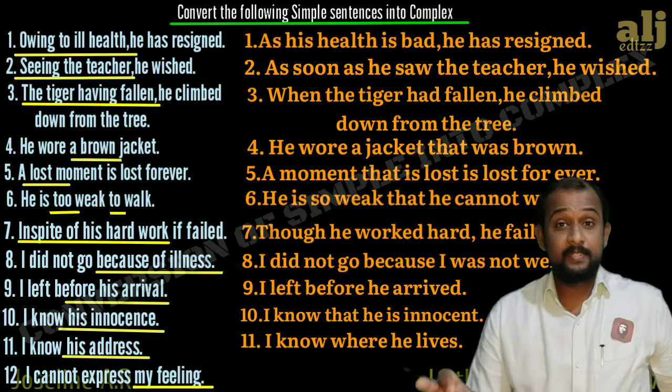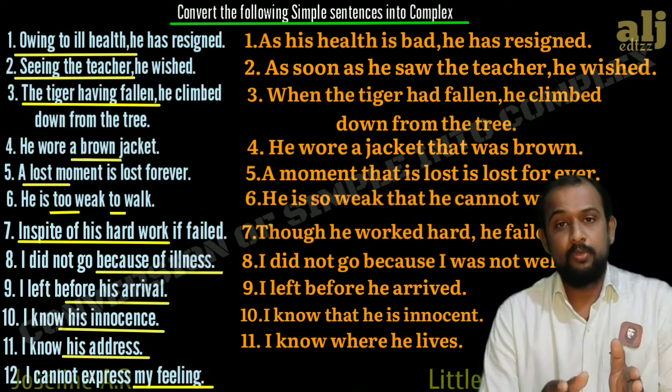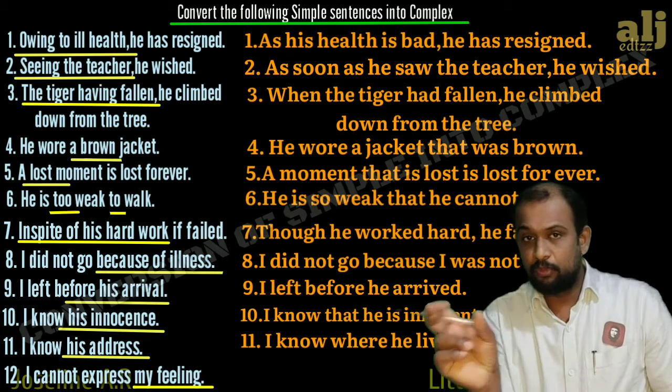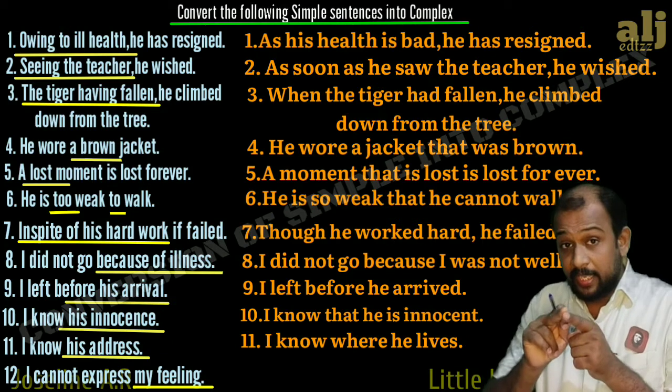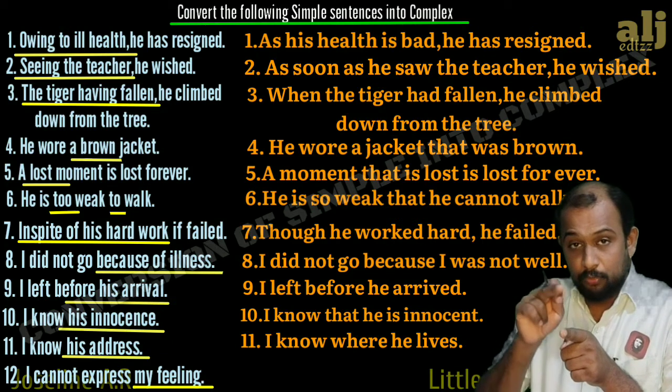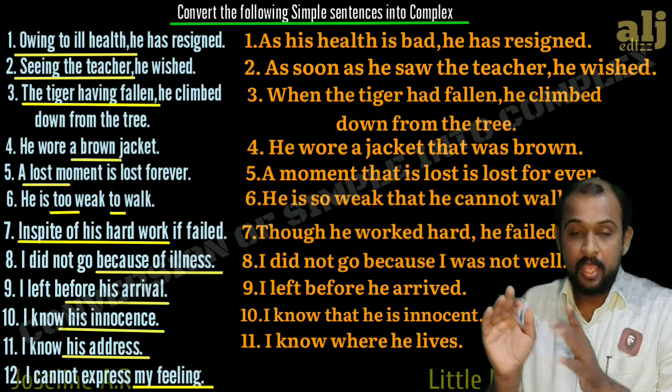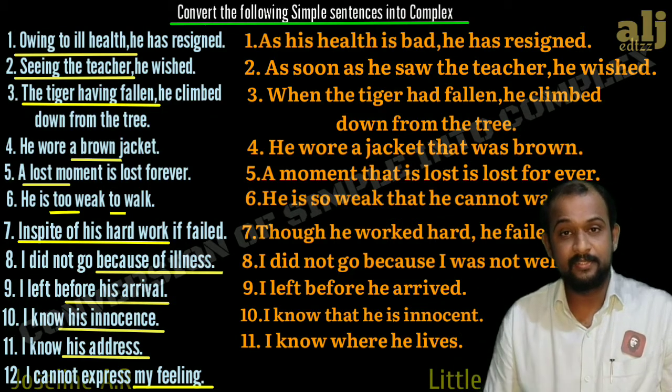I know his address becomes I know where he lives. I know is the main clause. Where he lives, you see, he lives, subject verb combination, so it is a clause. Where is a subordinator, so where he lives is the subclause. I know is the main clause. So this is a complex sentence.